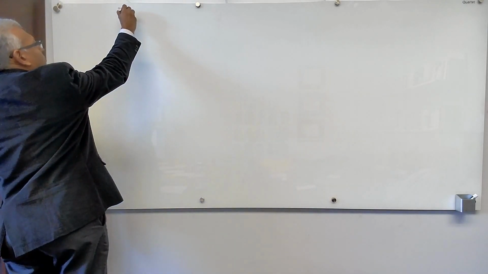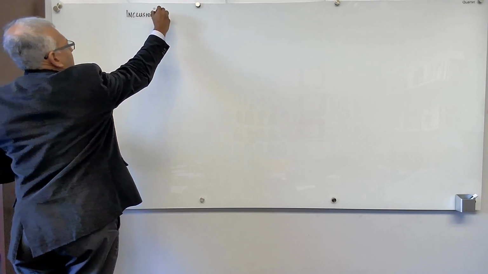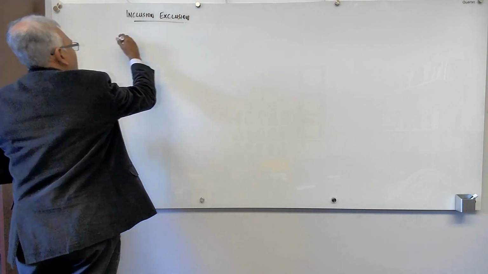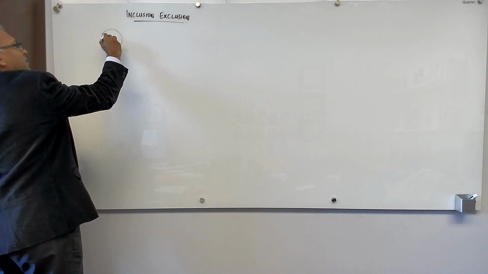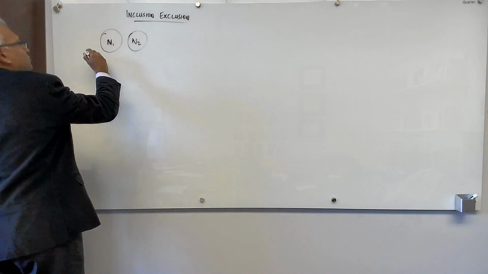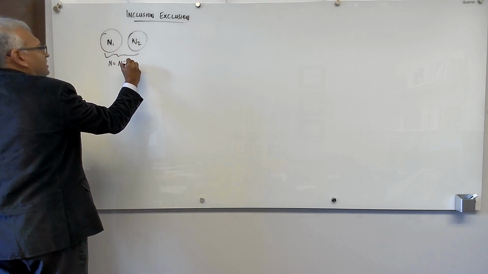Okay, so sum rule, so inclusion, exclusion. So you have two sets of objects, and there's n1 here, n2, and so the total number n is n1 plus n2.